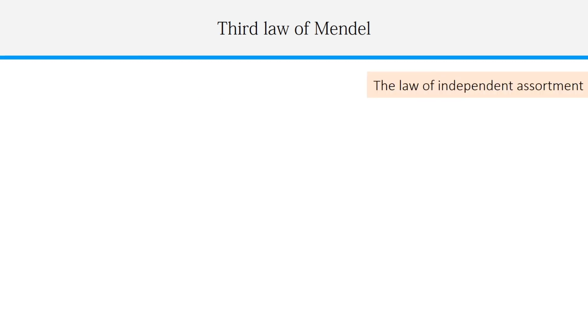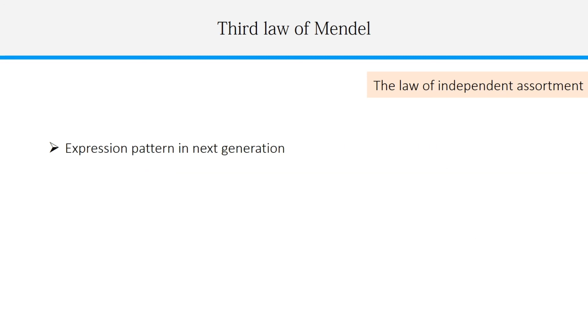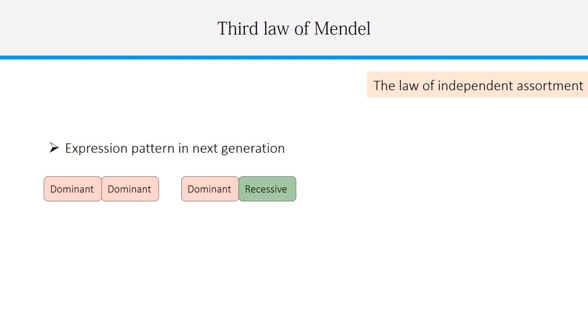To summarize, the third law of Mendel, or law of independent assortment, tells us that inheritance of properties encoded by different pairs of allelic genes located in different pairs of homologous chromosomes occurs independently, and the expression pattern of the properties in next-generation organisms will be like this. Both properties dominant, one property developed due to activity of a dominant gene and the other due to activity of a recessive gene.